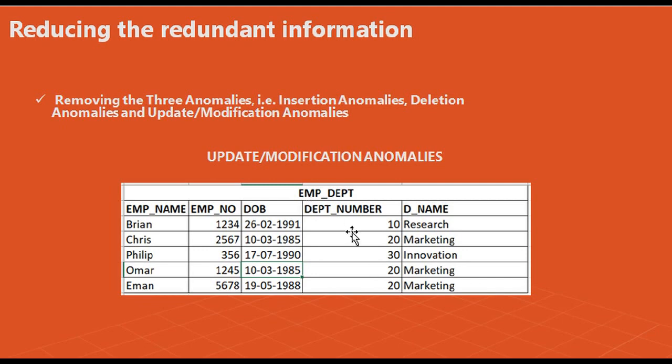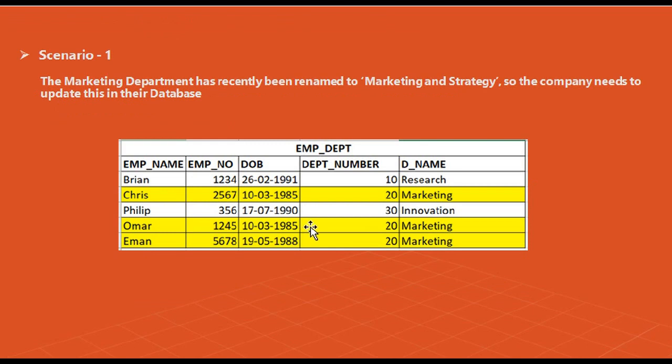Now if I am going to update marketing to marketing and strategy, I have to make this update in these 3 records. I need only to update the information that marketing is changed to marketing and strategy, and for this I have to make multiple updates.